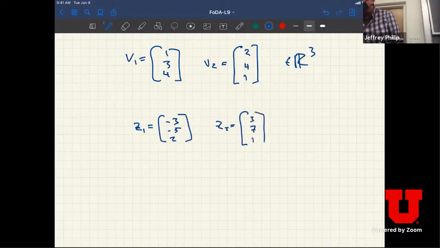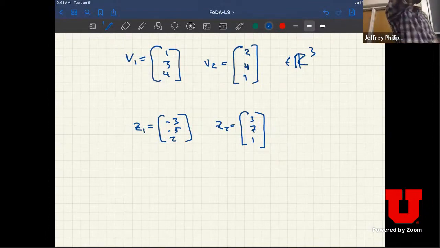Z2 is 3, 7, 1. So let's see which of the vectors Z1 or Z2 are linearly dependent or independent of V1 and V2. Let's see if Z1 is linearly dependent or independent of V1 and V2.